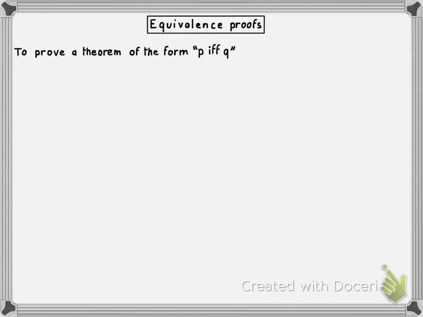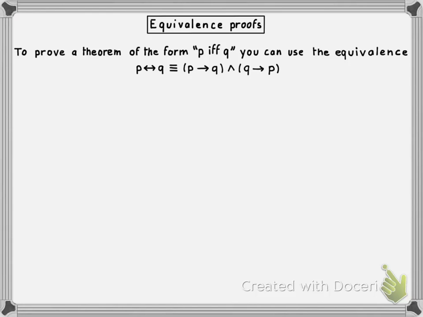Well, that's when you need to remember that we studied a logical equivalence earlier: P if and only if Q is logically equivalent to P implies Q and Q implies P. In particular, what it means is that to prove this theorem, you are completely entitled to prove this equivalent theorem. And this theorem is nothing but the conjunction of two conditionals. And that is the key.